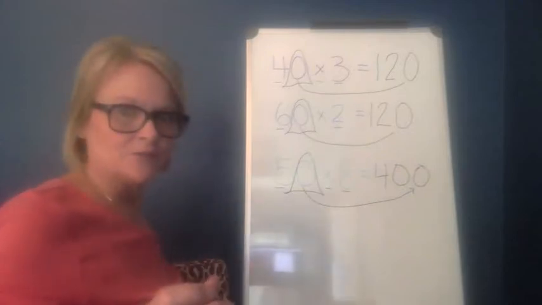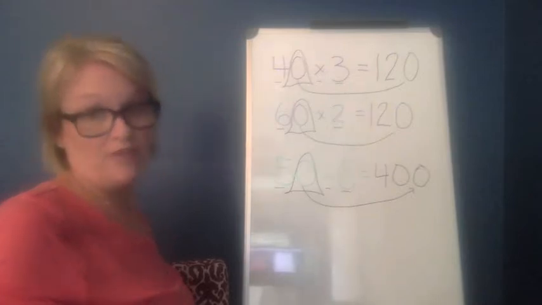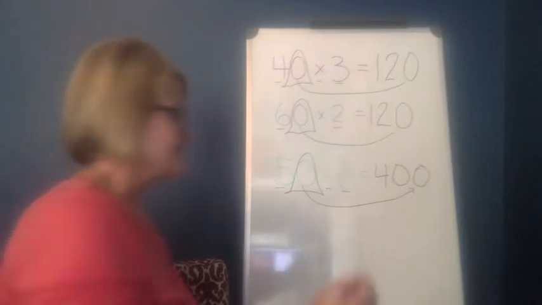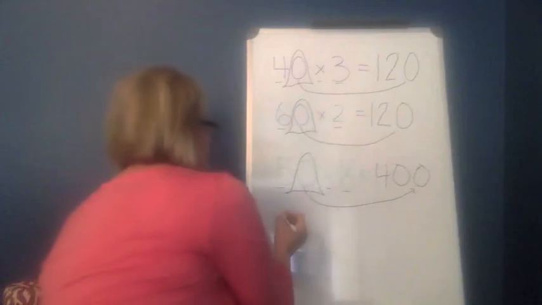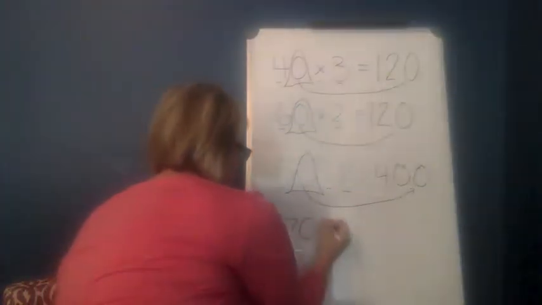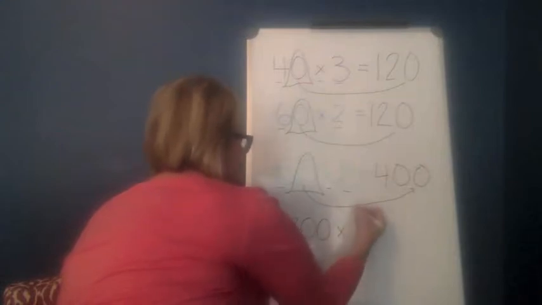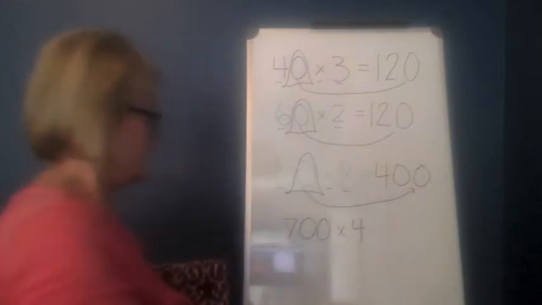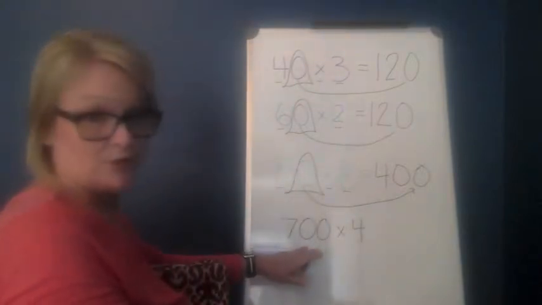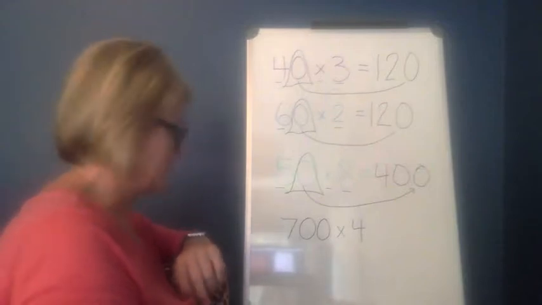Here's another cool trick. You can do it if there's more than one 0 at the end. That's pretty nice. So let's say I have 700 times, let's do times 4. Now I have 2 zeros, 700 times 4. That's a really, really, really big number.